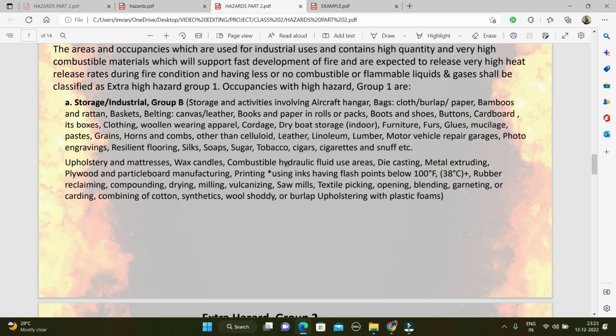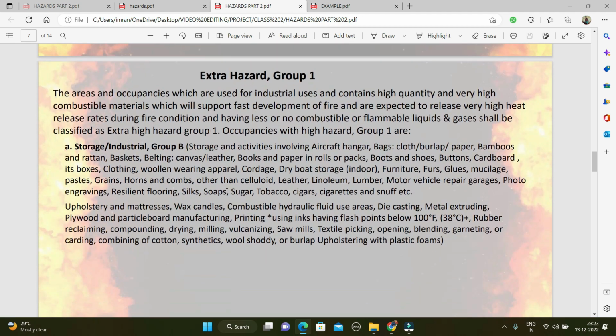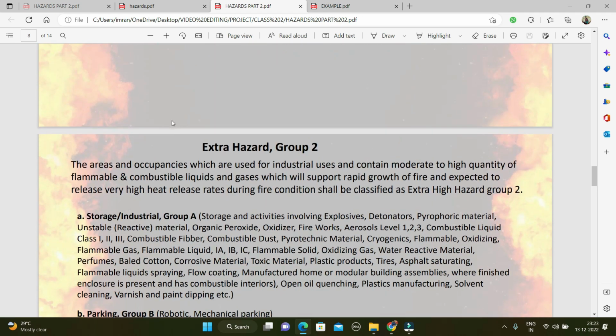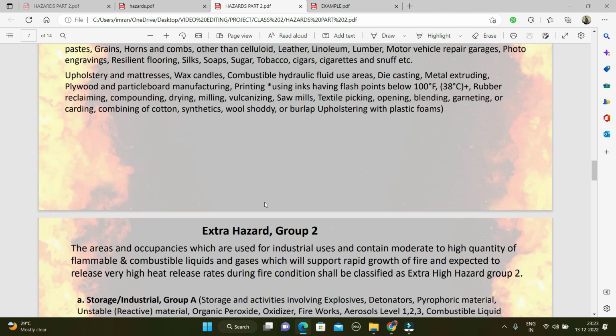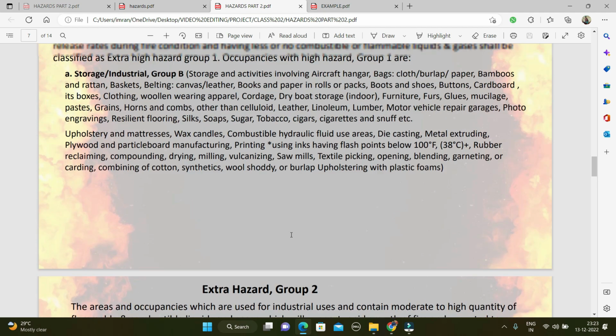Also some types of combustible hydraulic fluid use area, die casting, metal extruding. So we will consider this area as extra hazard group 1.